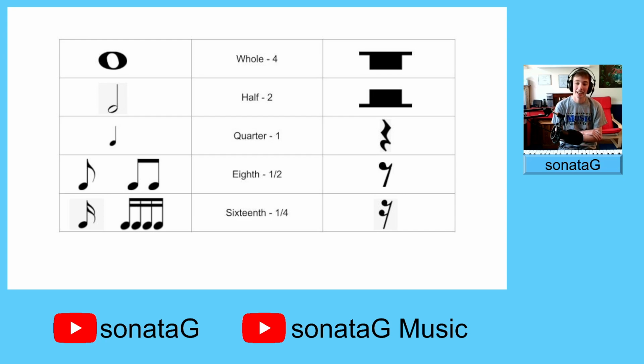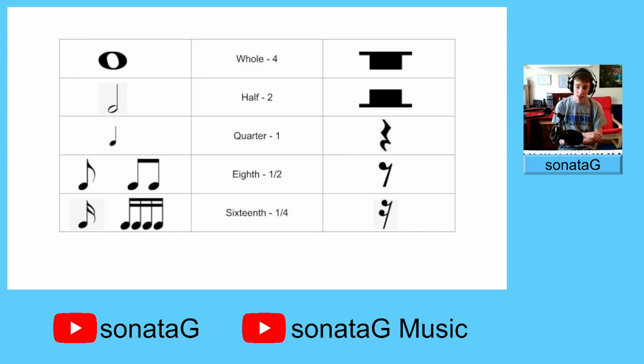And then half is half of a whole note, so it's 2 beats. Then a quarter note is 1 beat. Eighth notes are half beats. 16th notes are quarter beats. And yes, there are 32nd notes as well. Those will come up occasionally.